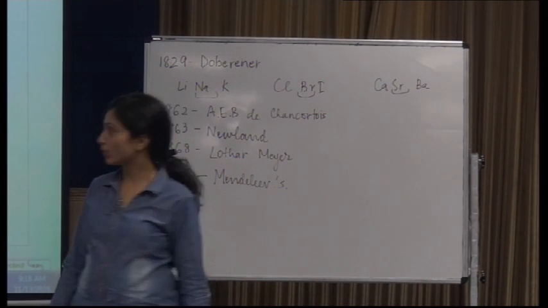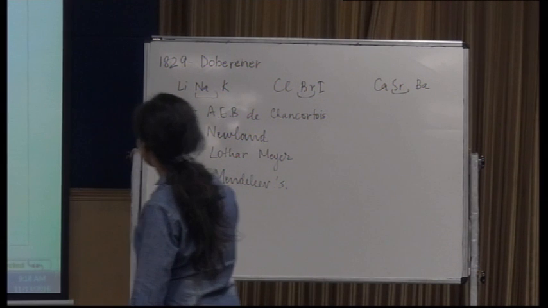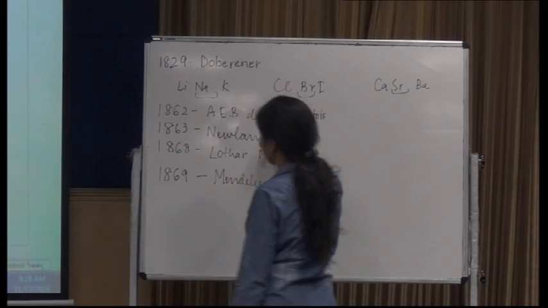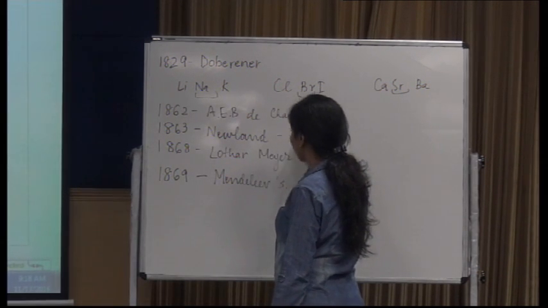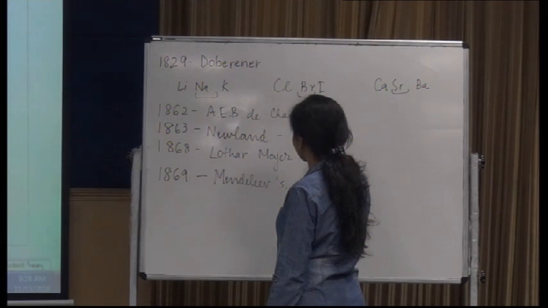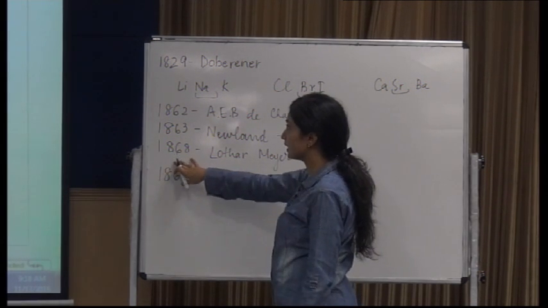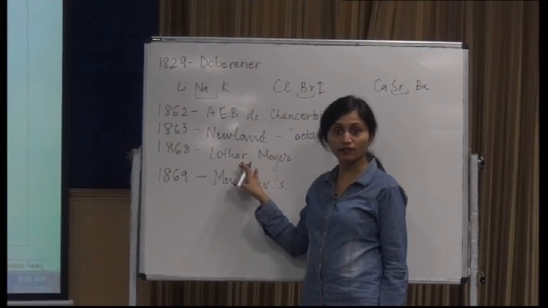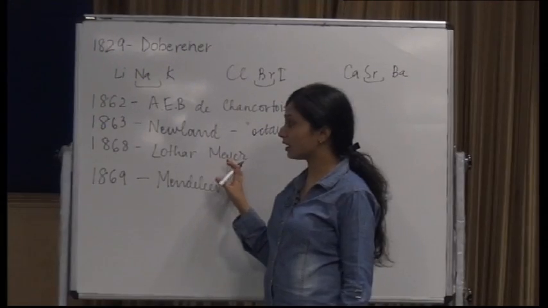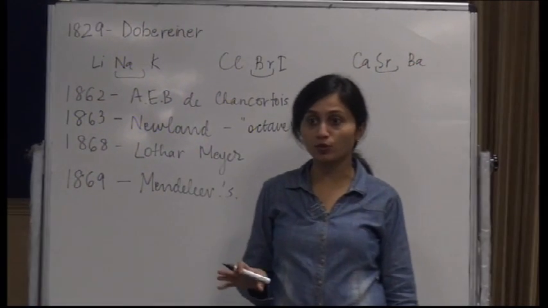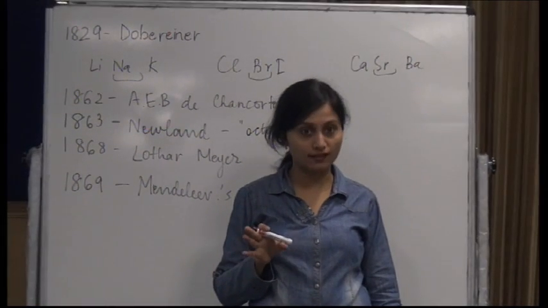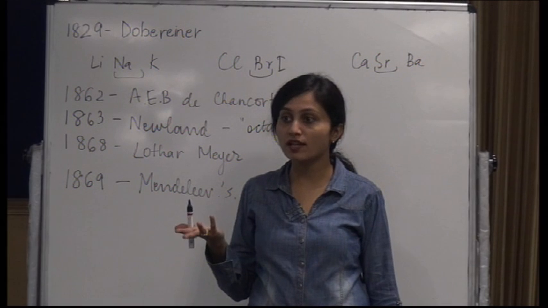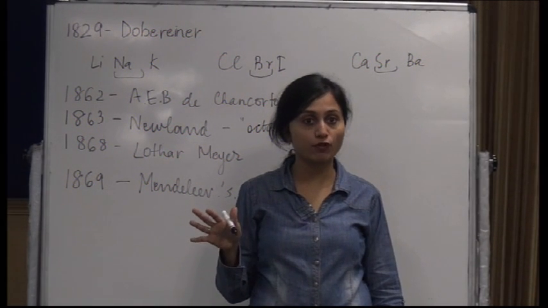Okay, and then let me tell you, after Newland, so Newland gave the law of octaves, and he followed the law of octaves to give his periodic table. Then in 1868, before Mendeleev, Lothar Mayer actually arranged all the elements which were known according to their lengths. So this was a newer concept. Till now, what was being followed?